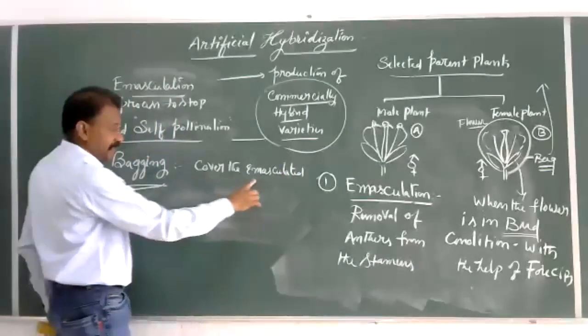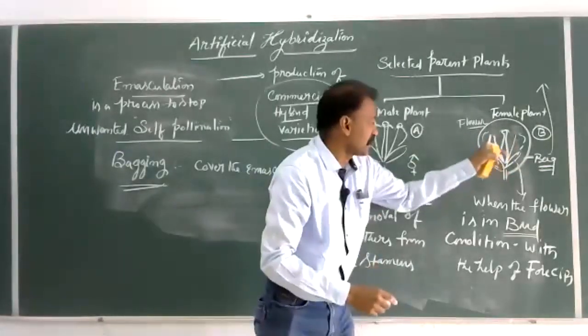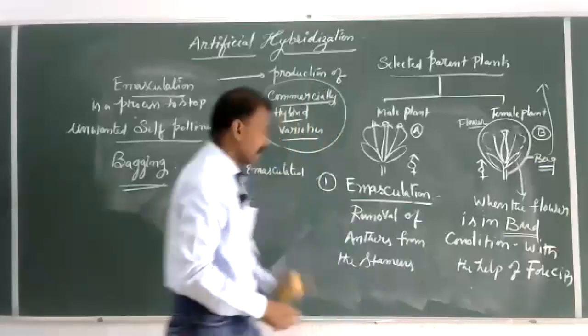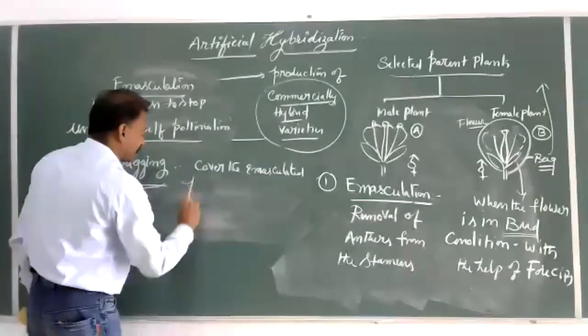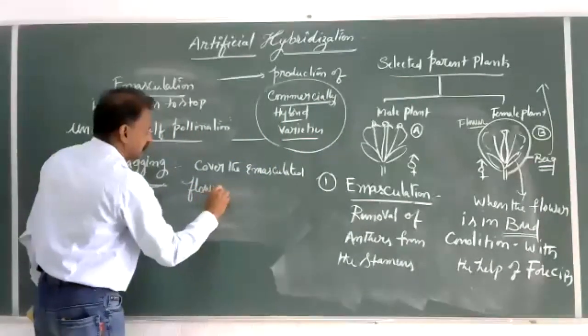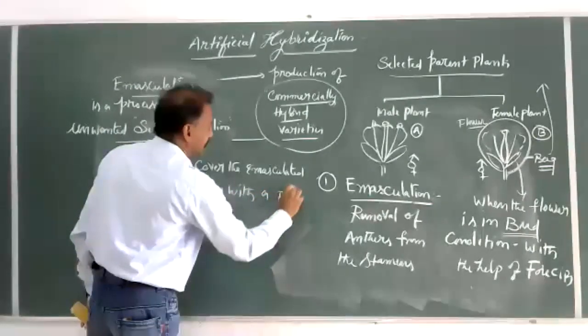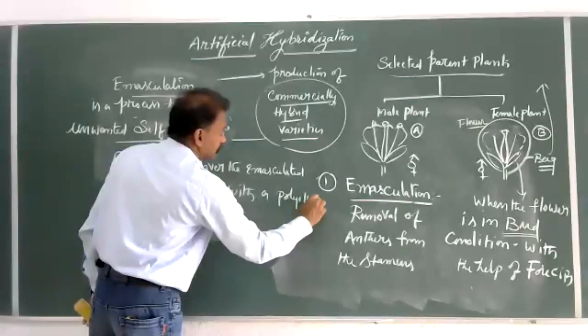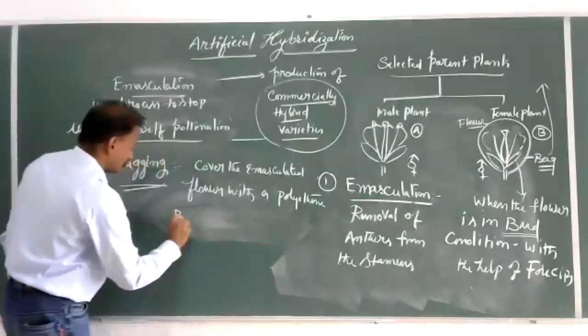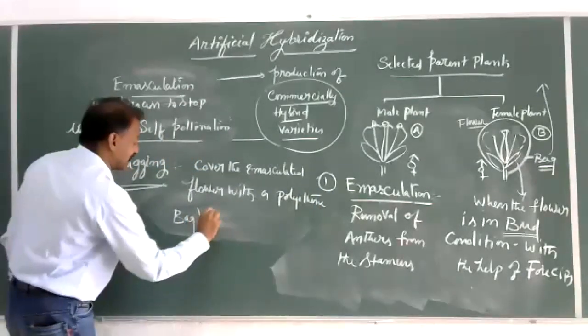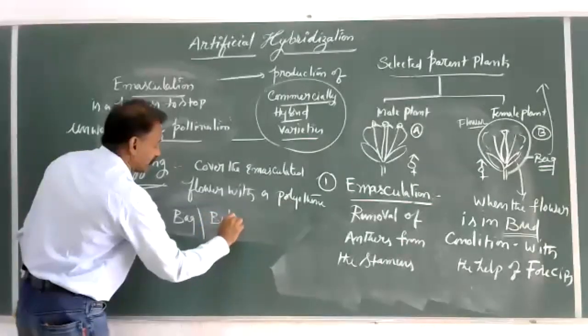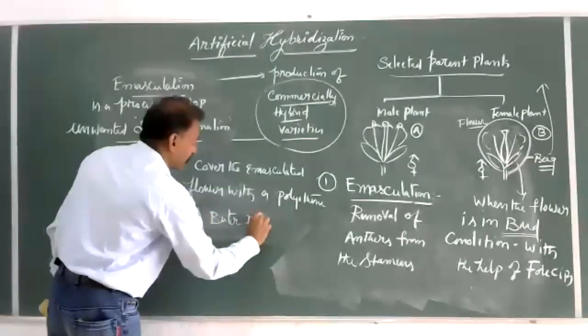Emasculated means anthers are removed. Cover the emasculated flower with a polythene bag, polythene cover, generally butter paper.